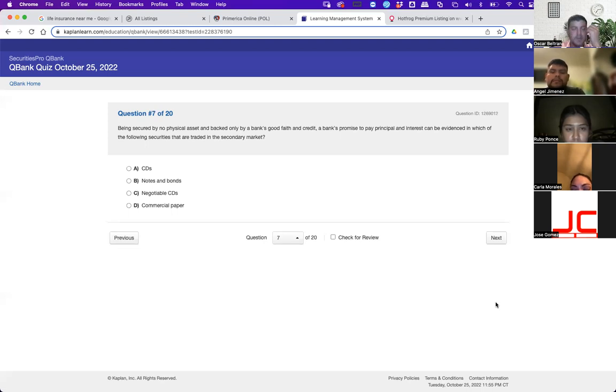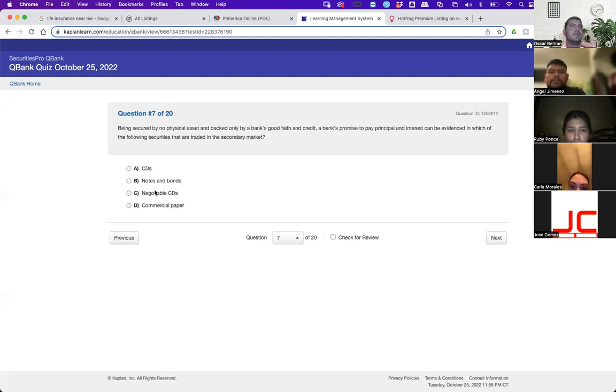All right, perfect. Being secured by no physical asset and backed only by a bank's good faith and credit, a bank promises to pay principal and interest can be evidence of which of the following securities that are traded in the secondary market? C, negotiable CDs. I would say so. Commercial paper is for corporations, and notes and bonds are completely different.